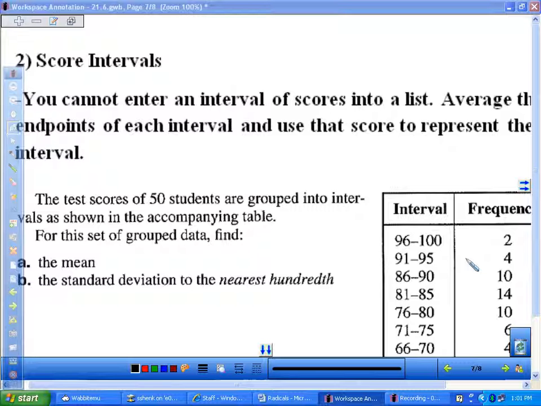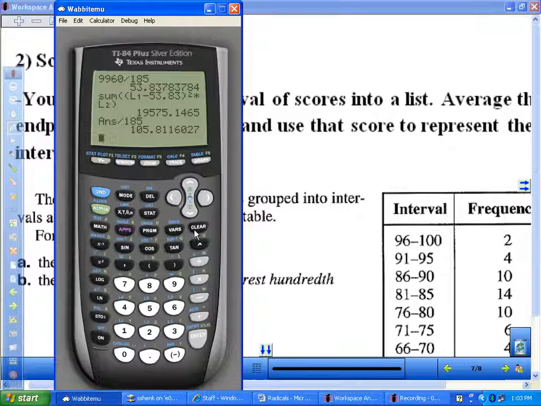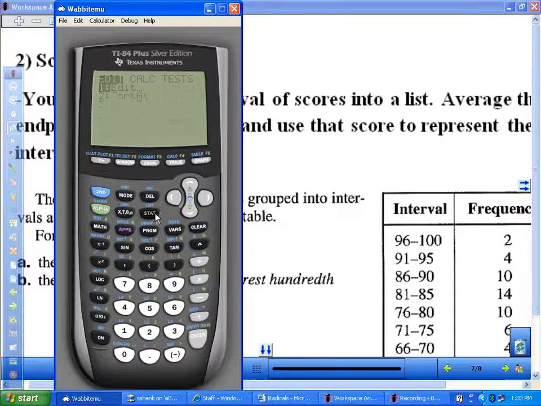Okay, so when we go to the calculator here, what will we put into L1 for our scores? Which are what? 98, so let's go in. Stat, enter. Again, how do I get these cleared out? Clear, enter.